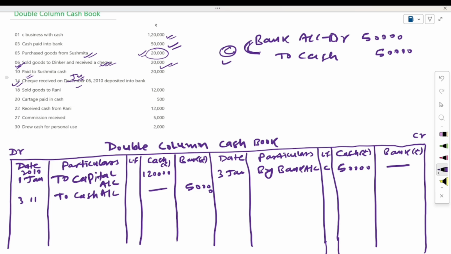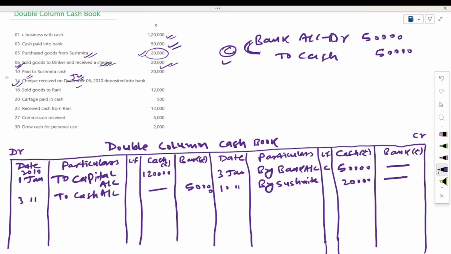You are paying Sushmita. It means your cash balance will be reduced here on 10th Jan, by Sushmita. How much are you paying? 20,000. So from the cash balance, 20,000 will be deducted.